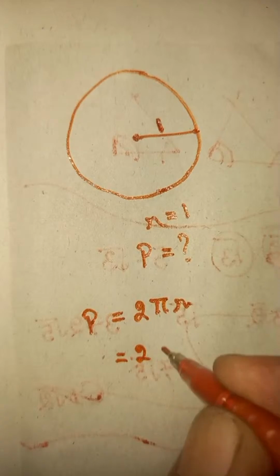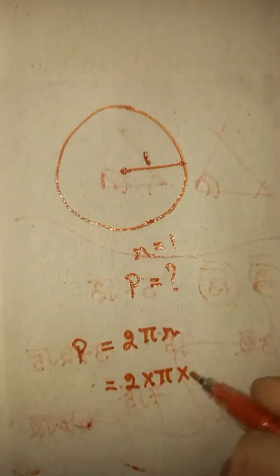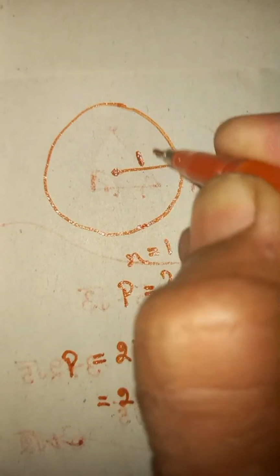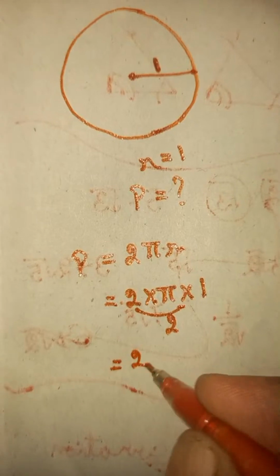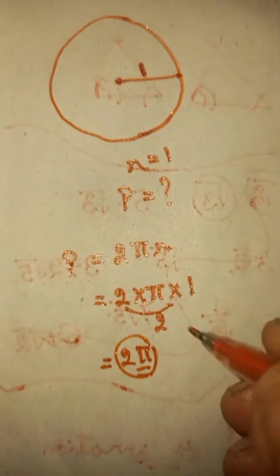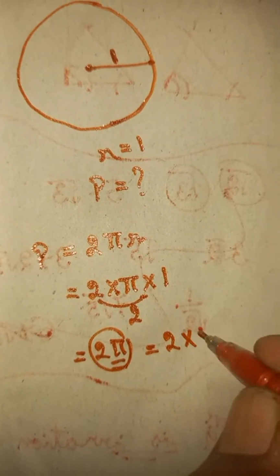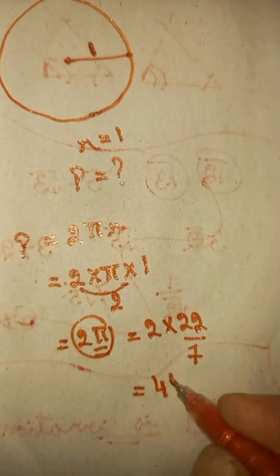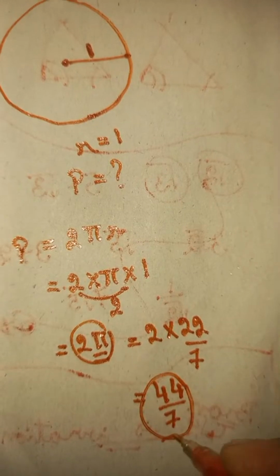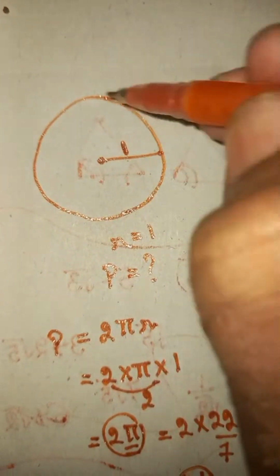That means 2 times pi times the radius, which is 1 unit. You're going to get 2 times 1 as 2, so 2 pi units, or you can simplify it as 2 times 22 by 7. 2 times 22 is 44. 44 by 7 units is going to become the perimeter, also known as circumference.